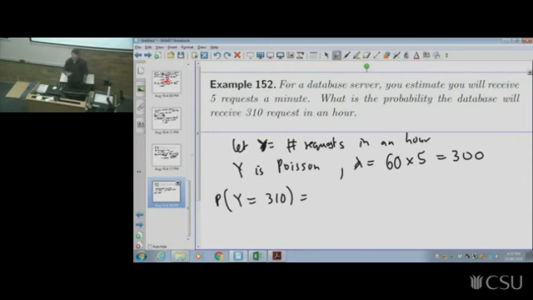At first glance, it's the same form as before: e to the minus lambda, times lambda to the power of x, over x factorial, which would be e to the minus 300, times 300 to the power of 310, over 310 factorial. If you try your calculator, you'll fail.